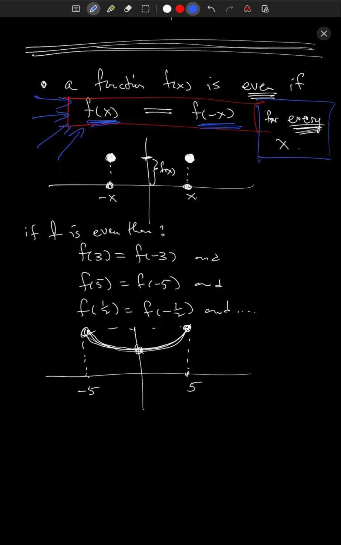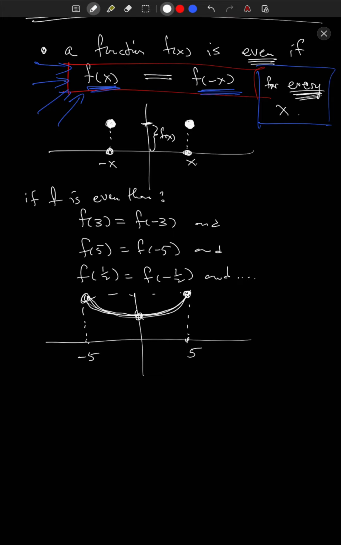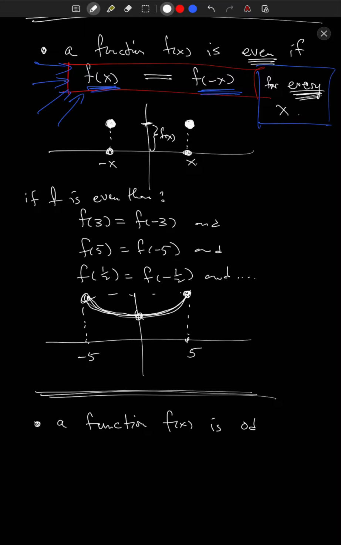All right. Before we do any examples there, let's look at, in contrast, the algebraic description of what it means to be odd. And then we'll do a bunch of examples for actually checking it. A function f of x is odd if what?